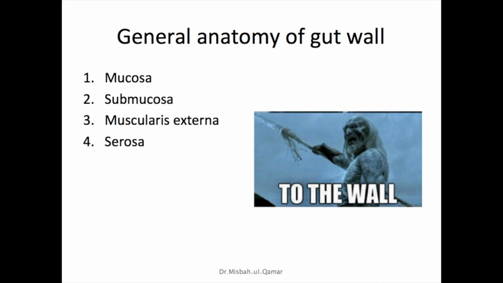Well, moving on to the digestive tract wall, it has four layers from inside of the lumen to outside. These layers are mucosa, submucosa, muscularis externa, and serosa, which basically is the visceral peritoneum.